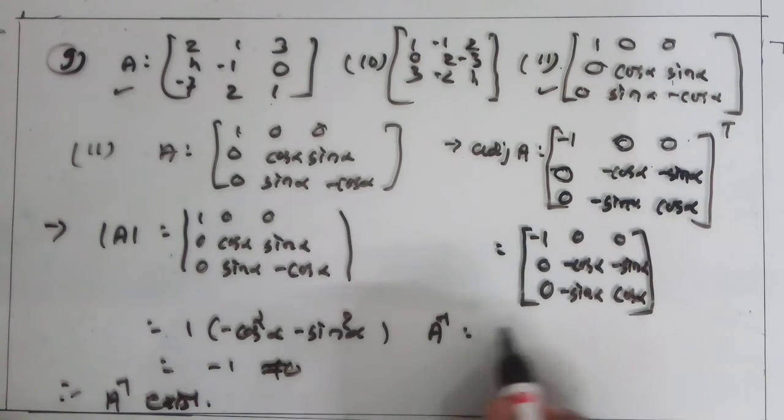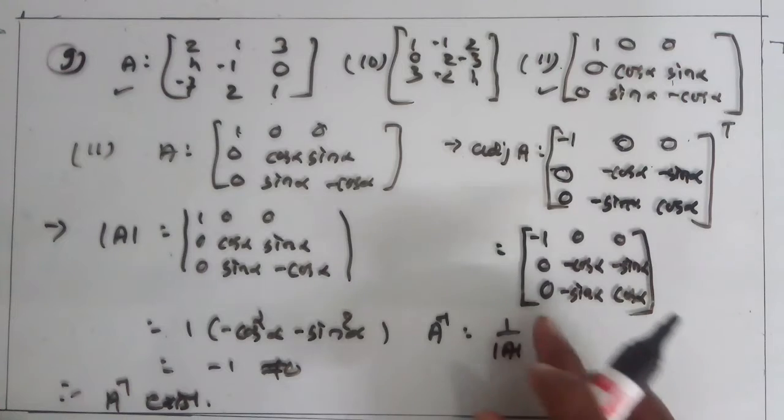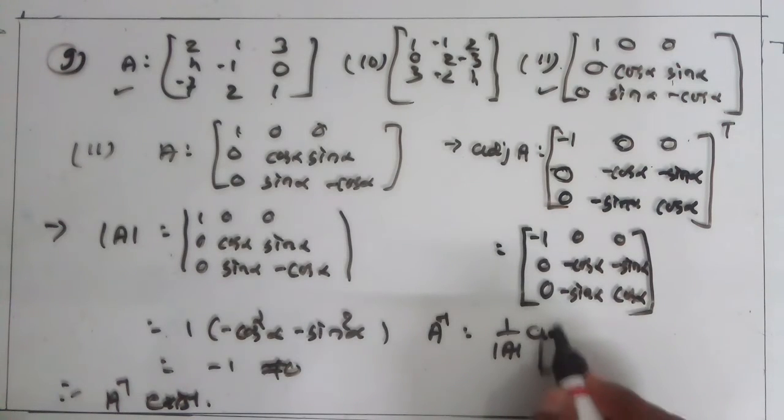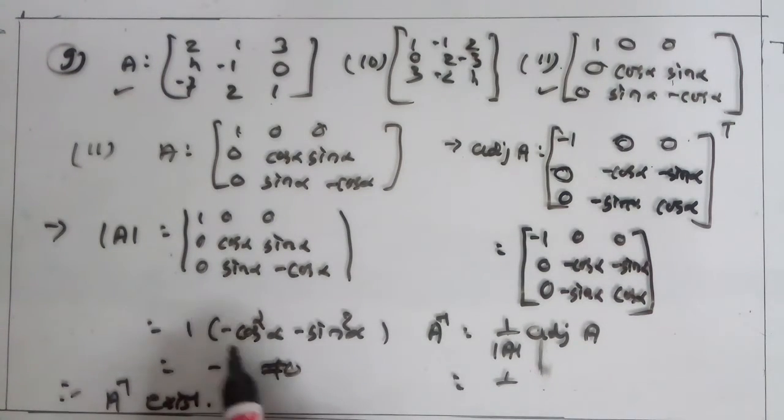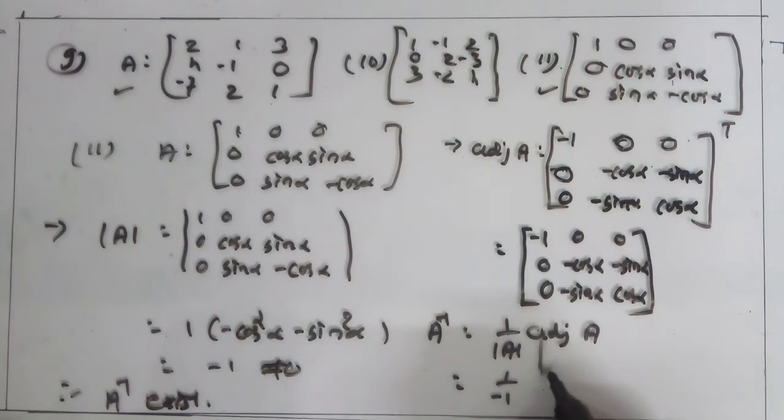A inverse is equal to 1 upon determinant of A into adjoint of A. The value of determinant of A is minus 1. So minus 1 into adjoint of A is minus 1, 0, 0, 0, minus cos alpha, minus sin alpha, and 0, minus sin alpha, cos alpha.